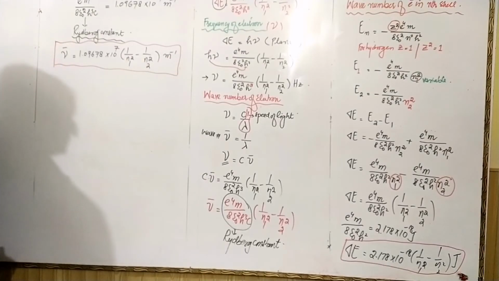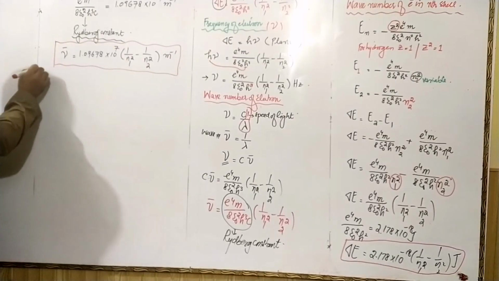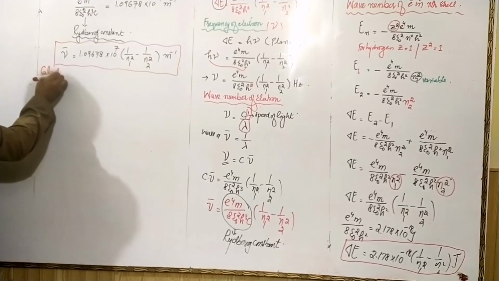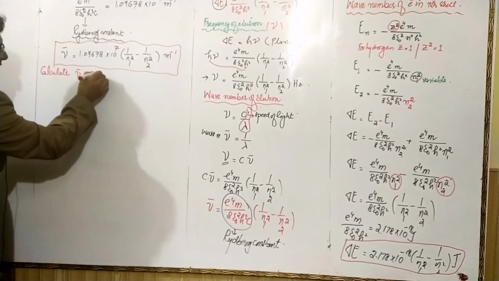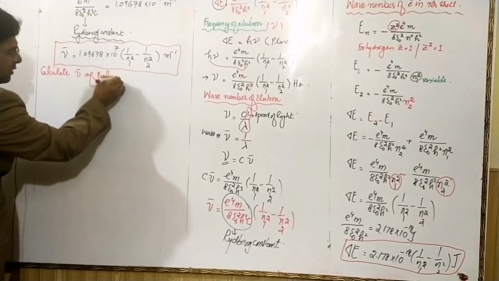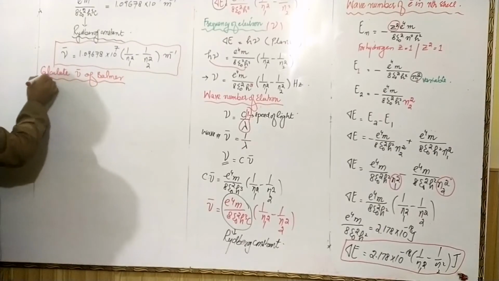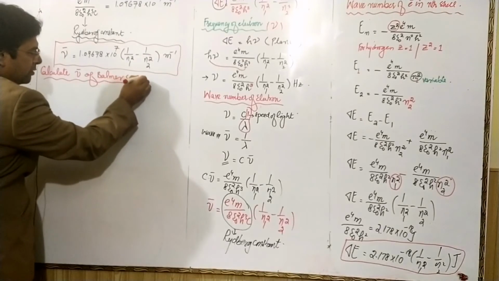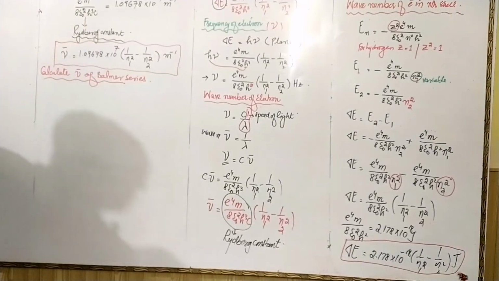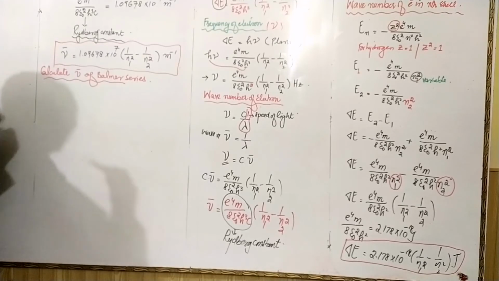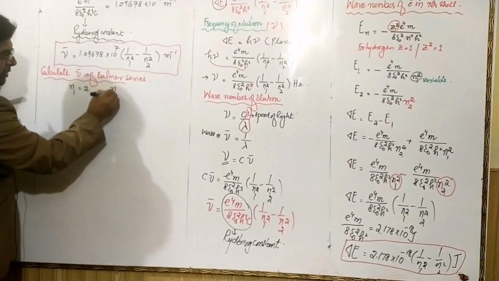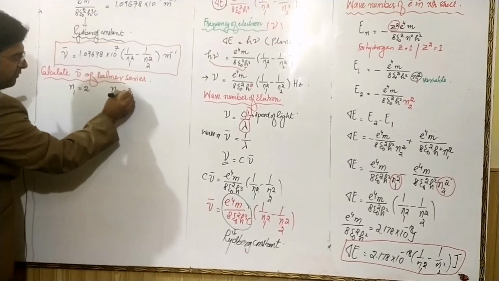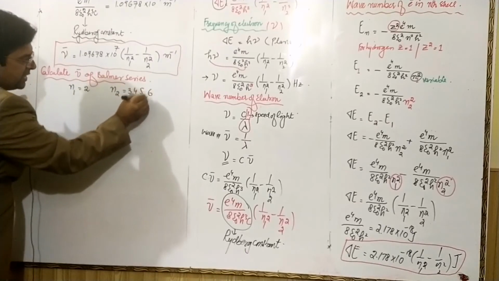Now, the question will come: calculate the wave number of Balmer series. How can we calculate the wave number of Balmer series? For Balmer series we already know that n1 is equal to 2 and n2 is equal to 3, 4, 5, 6.